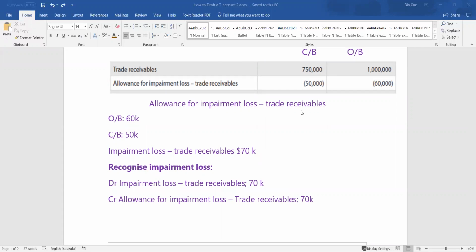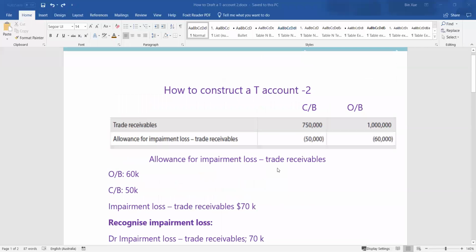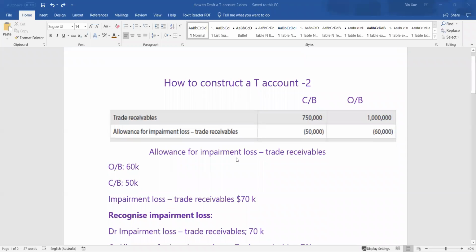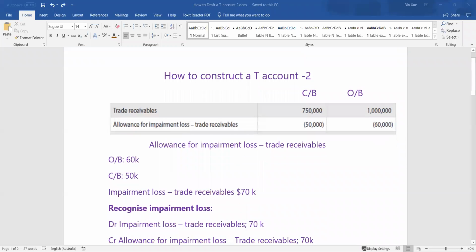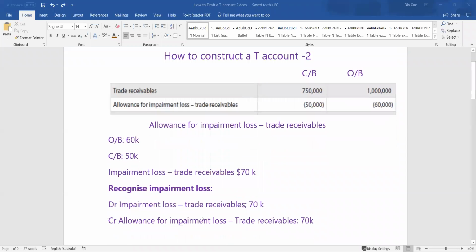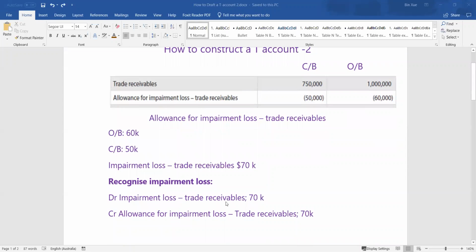But before that, let me bring you back to think a little bit about what can impact allowance for impairment loss, trade receivables. There are two things that might impact that. One is impairment loss. When we recognize impairment loss, we will debit impairment loss, trade receivable, and credit allowance for impairment loss, trade receivable.